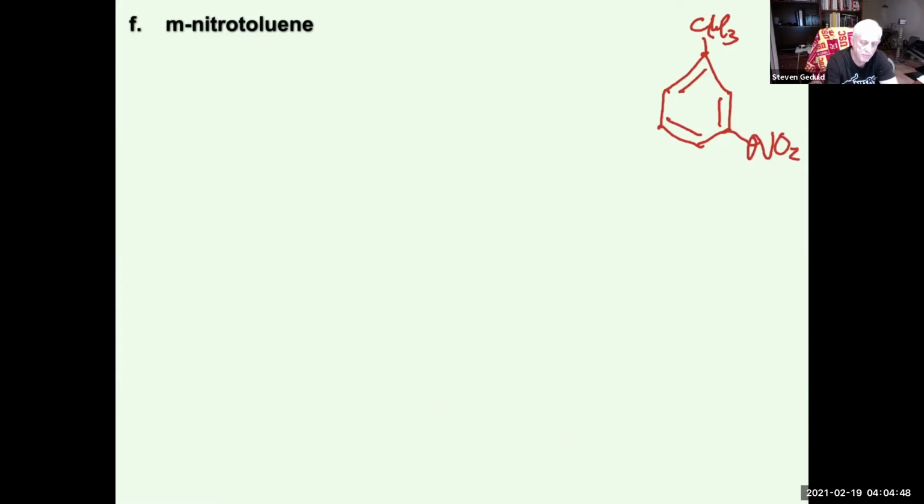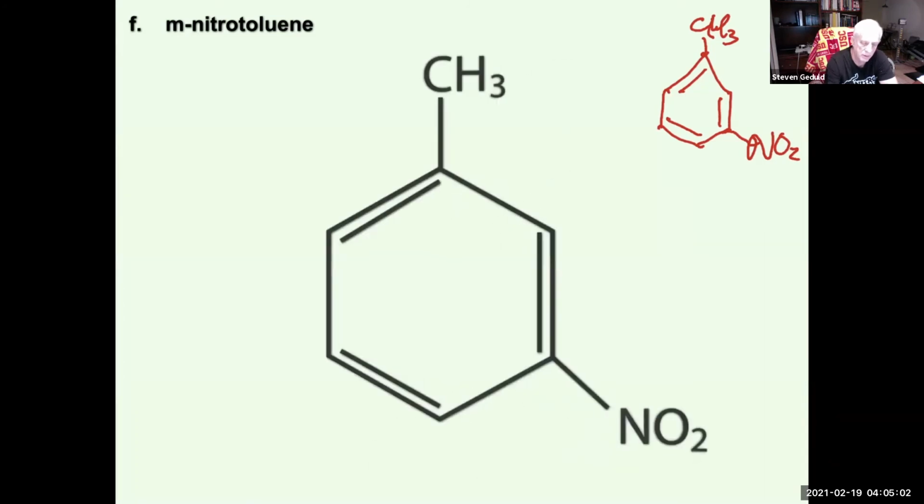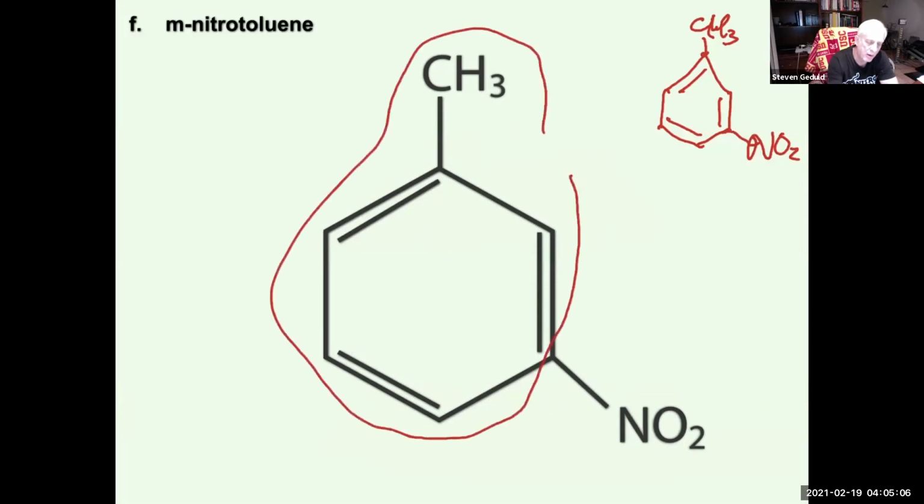That could also be 3-nitrotoluene or meta-nitrotoluene. Okay. So again, this is toluene, and your attachment is at the number 3 position, which is meta. 1,3 is meta.